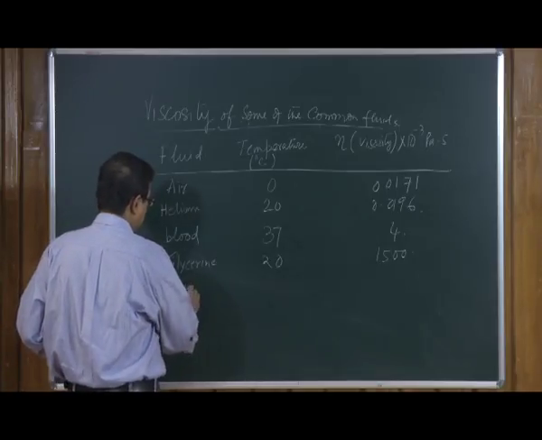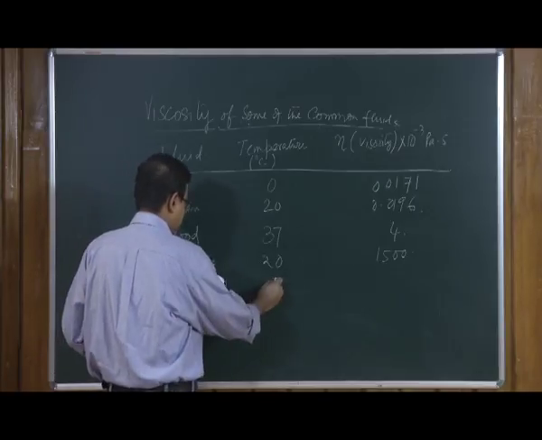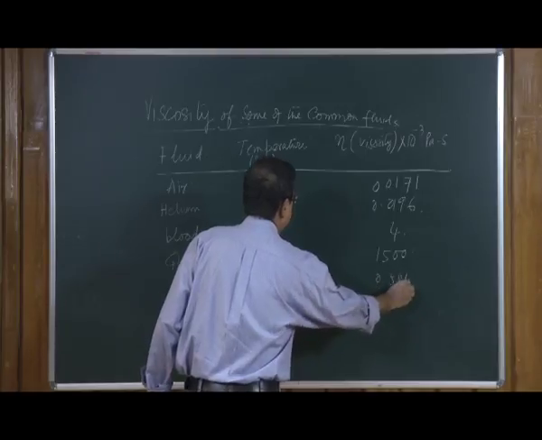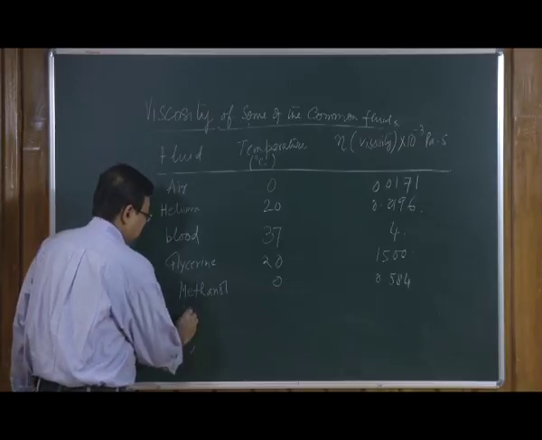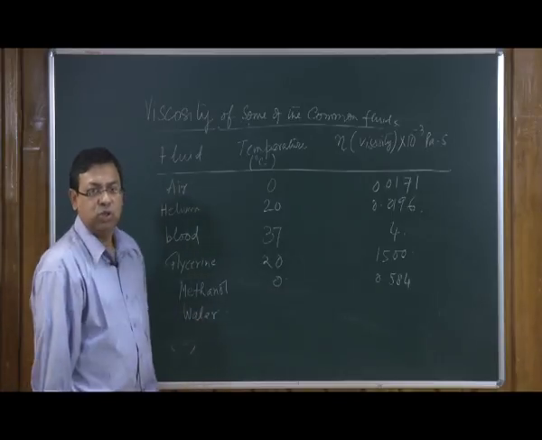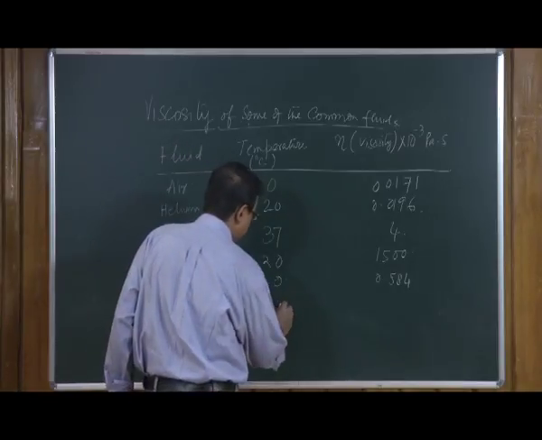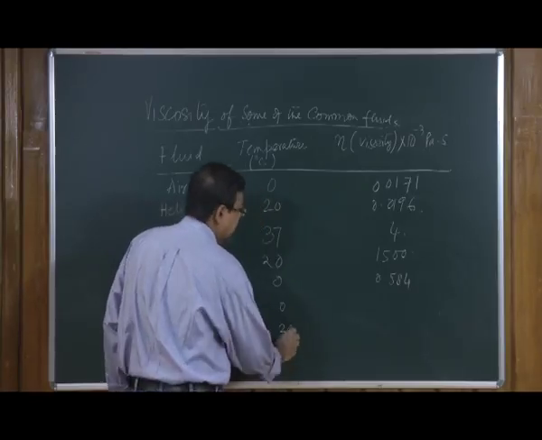Then it is methanol at 0 degree centigrade, it is 0.584, and of course, we have to quote water, which is the most common liquid, and we will quote this value for 0, 20 and 40 degree centigrade.